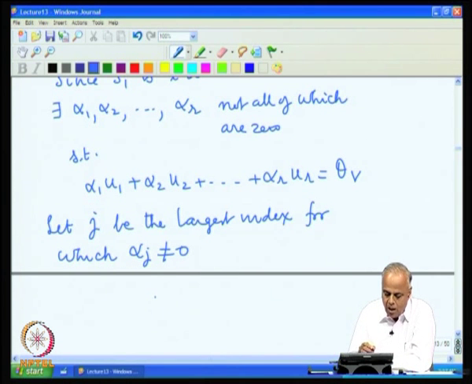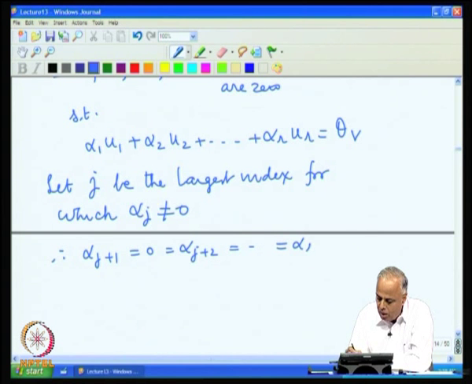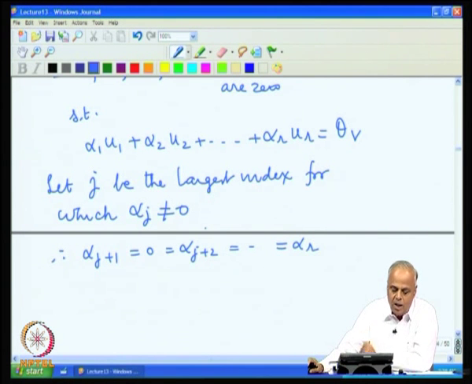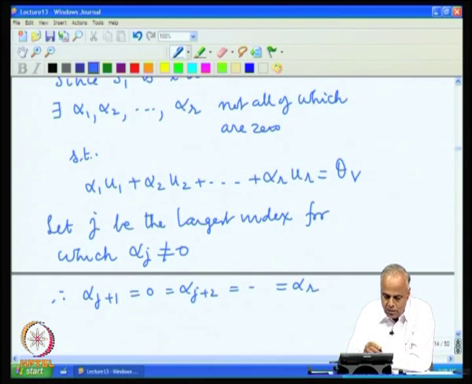This means alpha j plus 1 must be 0, because j is the largest index for which alpha j is not 0. So, therefore, alpha j plus 1 is 0, alpha j plus 2 must be 0, and all the way up to alpha r is 0, because j is the largest. If j is r, then alpha r itself is not 0. So, now what does that mean? Look at this starting point.